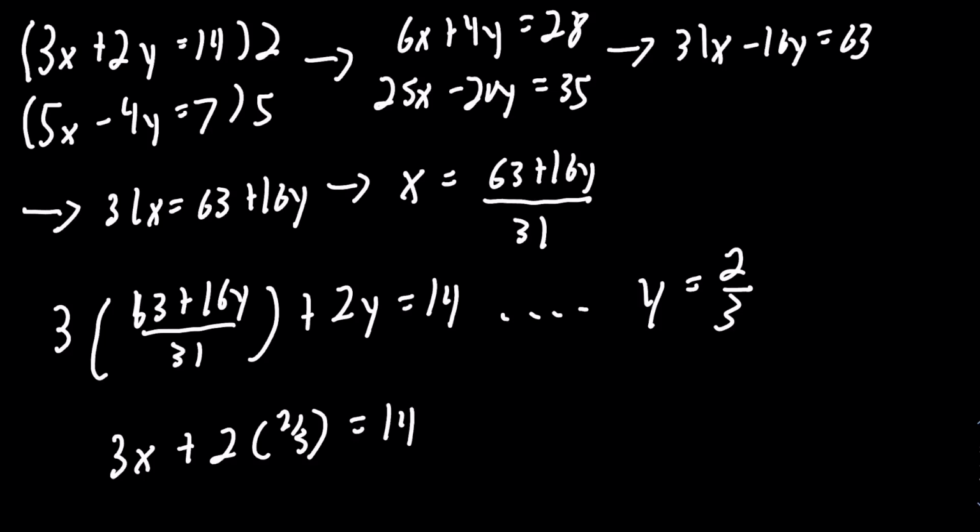After you distribute the 2, subtract, and divide, your final answer will come out to be x is equal to 28/3. And as you can see, you have a solution to the system of equations where y is 2/3 and x is 28/3. Once again, feel free to pause the video, work out the math, and if you get the right answer, congratulations.